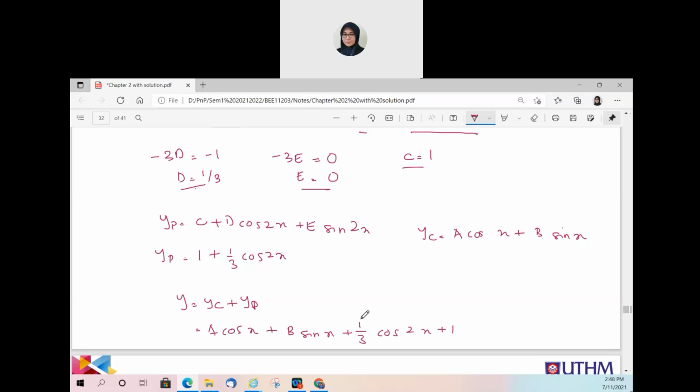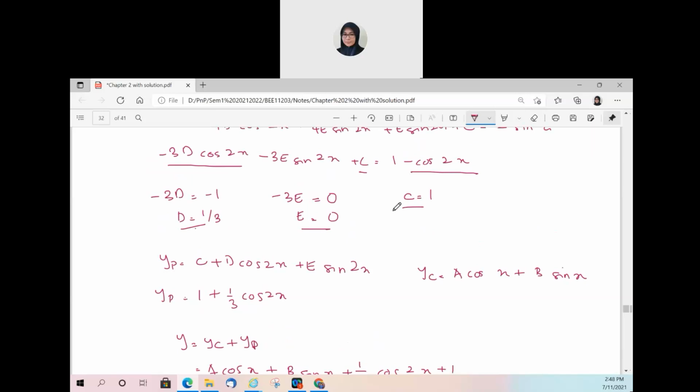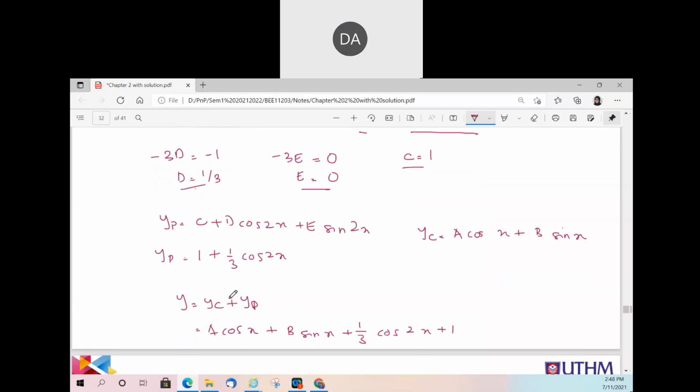Doktor, yang YP tu tolak satu ke equal satu? Yang 1 campur 1/3 cos tu. YP tu tolak satu ke equal satu? Dia YP equal ke YP tolak tadi? Equal.